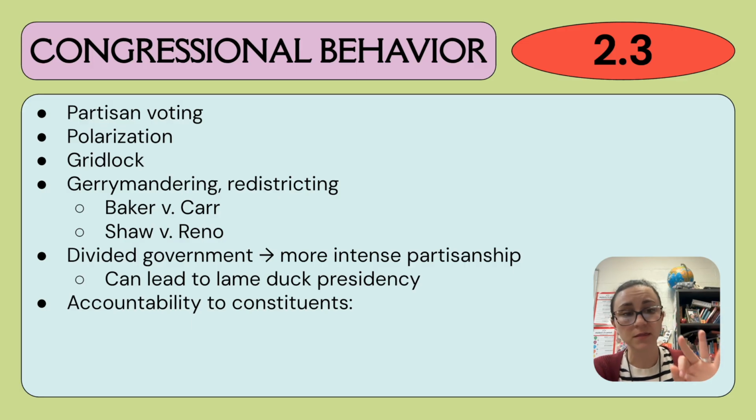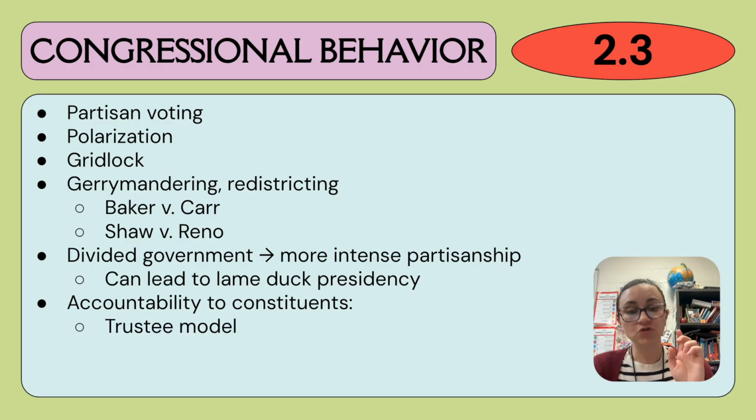There are 3 ways to think about this: the trustee model, the delegate model, and the political model. Okay? And the thing to remember here is that this is going to be very helpful when it comes to an FRQ if you are talking about Congress and the ways that Congress behaves, okay?